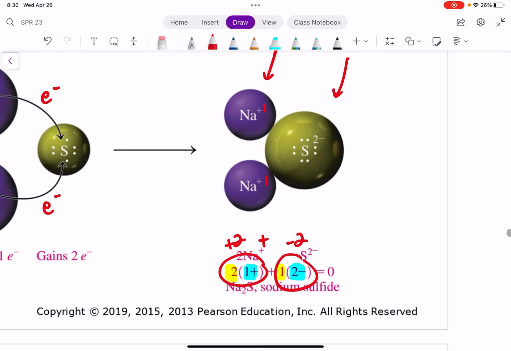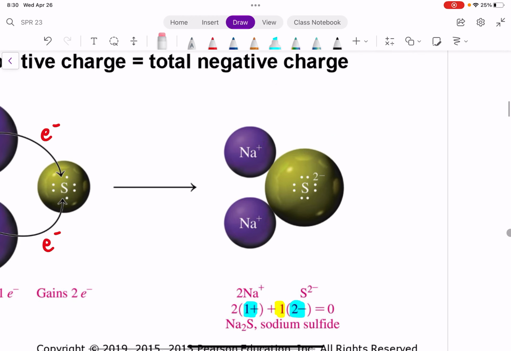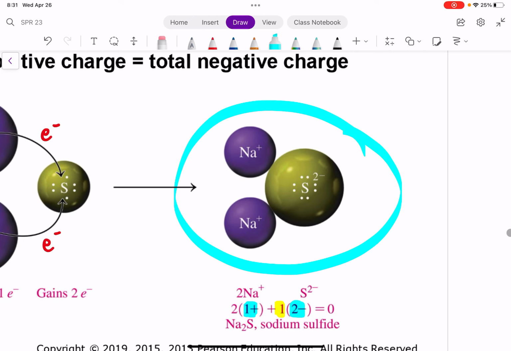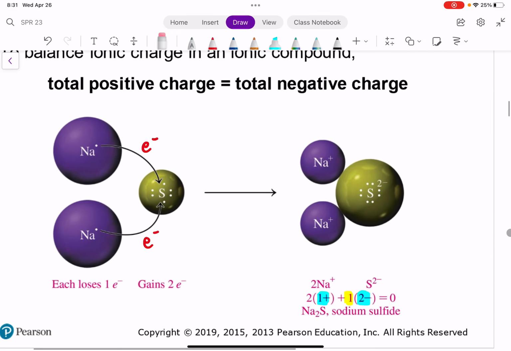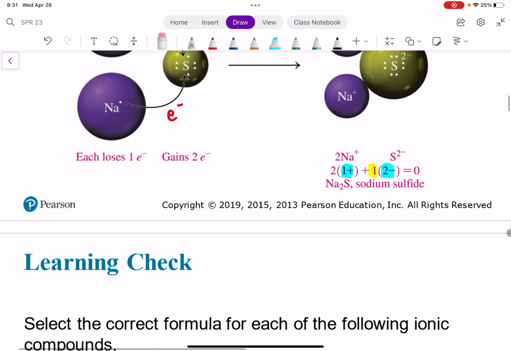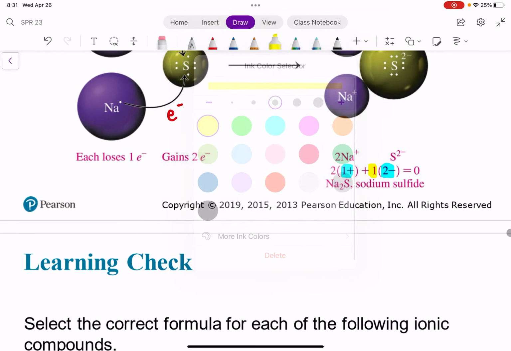Well, that's just 2 minus 2, which is 0. So overall, even though we have charges that are not 0 in this compound, the whole compound on its own is neutral, because we have 2 pluses and 2 negatives. Those are canceling out, and we're getting a net 0 charge as a whole. Let me actually leave that color coding there.